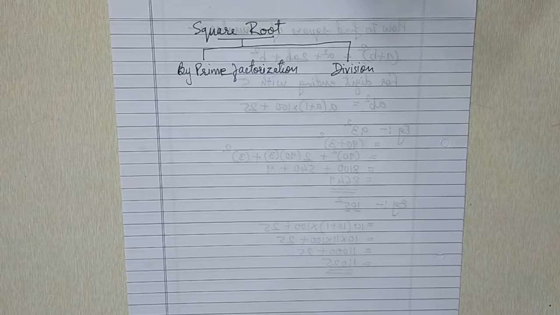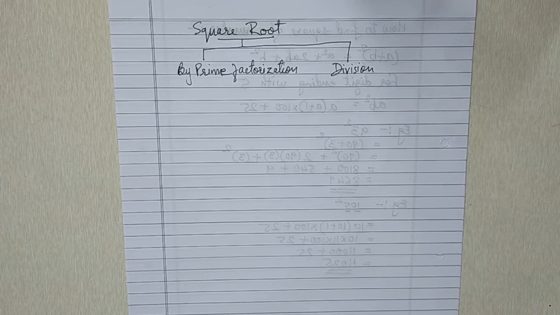Hope you all know what a prime number is. It is a number which has only two factors, that is the number itself and 1. So by the prime factorization method, we are going to find the square root of any given number.